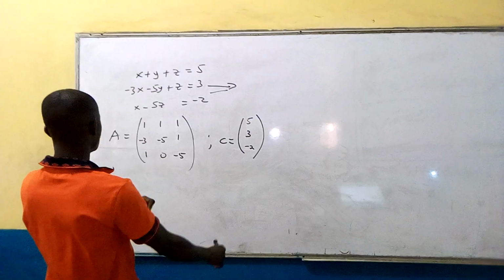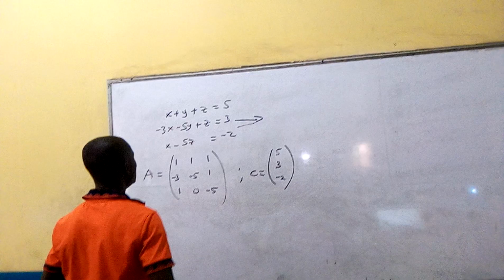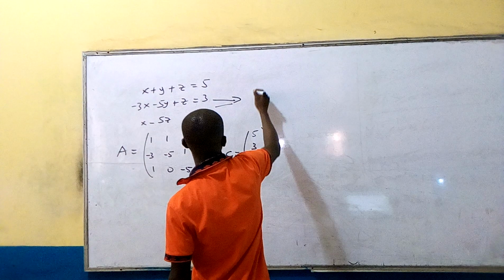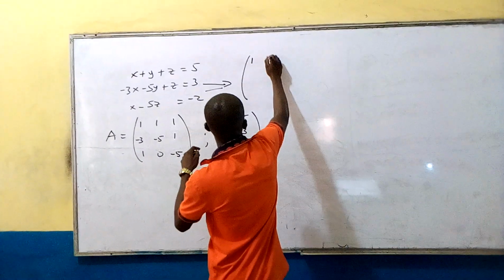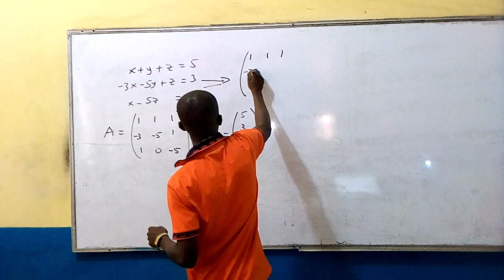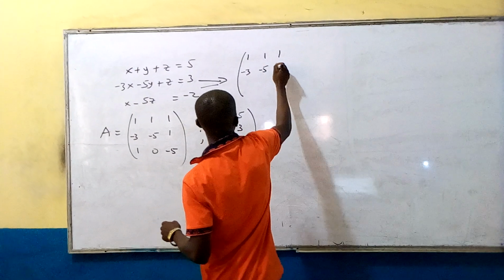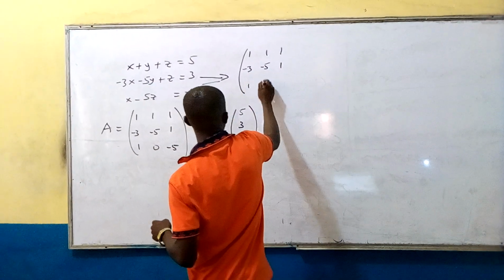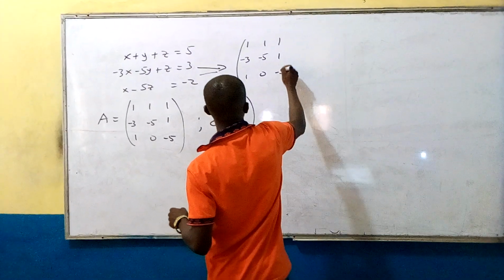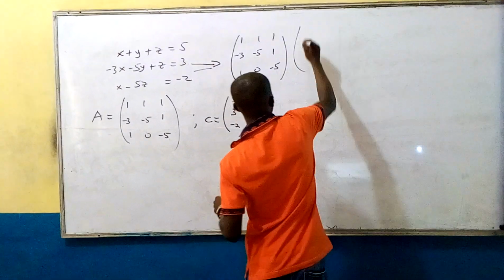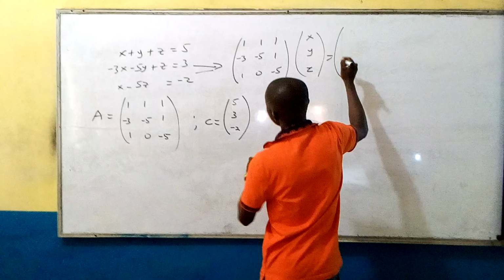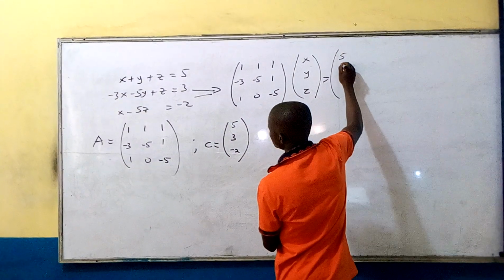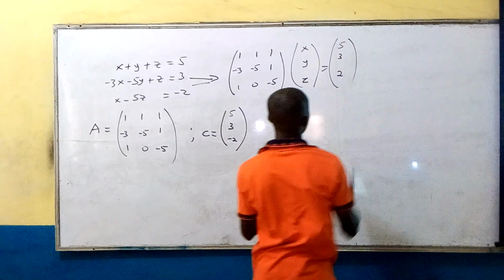If we've done matrix multiplication before, then this will be 1, 1, 1, negative 3, negative 5, 1, 1, 0, negative 5 times x, y, z equals the right hand side 5, 3, and negative 2.